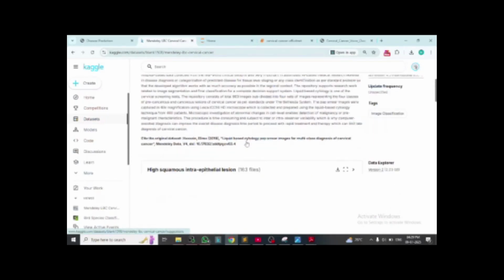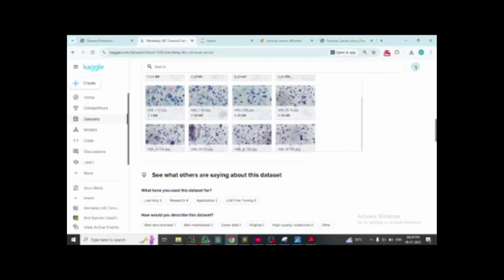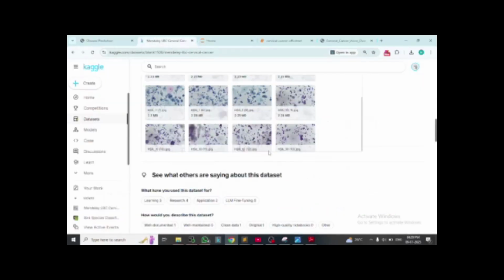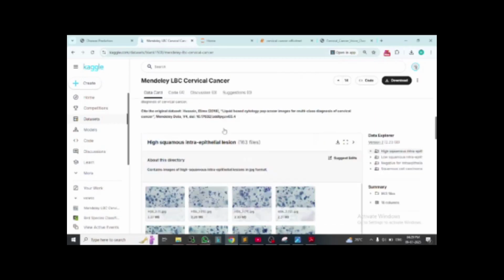Then in this data set, they contain the images of different types of diseases which come under cervical cancer. See the disease classification.